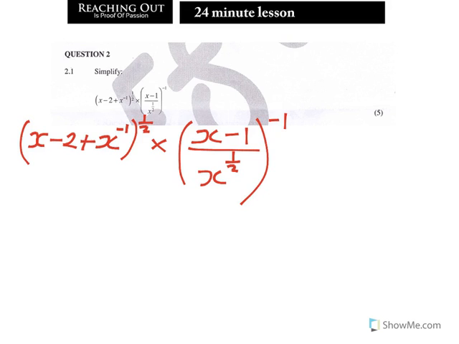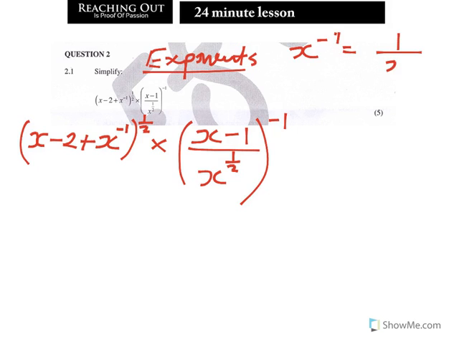You had to also remember the laws of exponents. So this is to deal with the laws of exponents. Now remember, in the laws of exponents, anything to the power negative 1 is equal to 1 over x. That's the law of exponent.